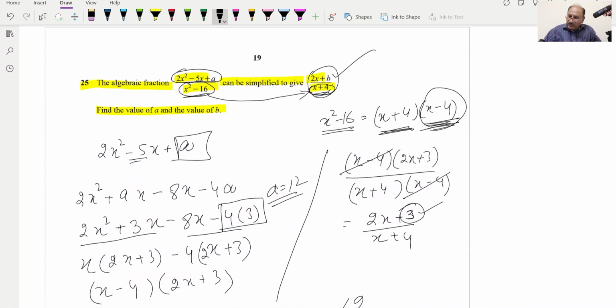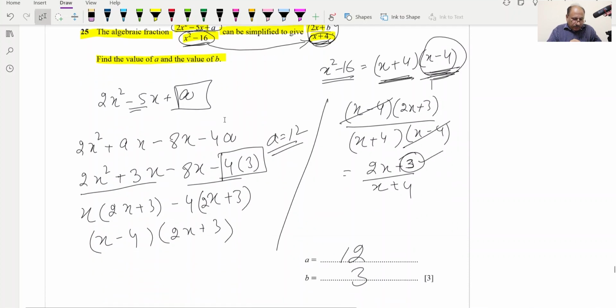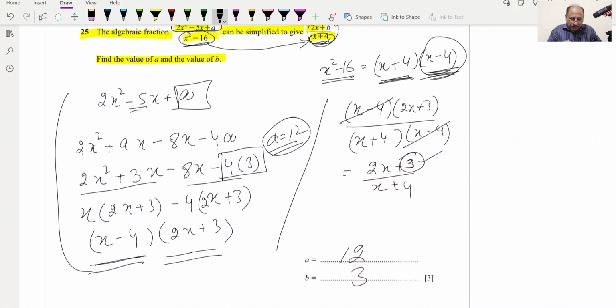How we can get x minus 4 in factorization of numerator, that we have done over here, and this is what we can do. If we take a value as 12, we can reach to this factorization, and after reaching to this factorization, we have divided it with the x plus 2 and x minus 4, and we got this final answer in the same shape as it was required.